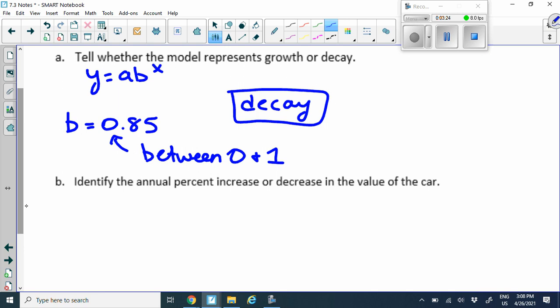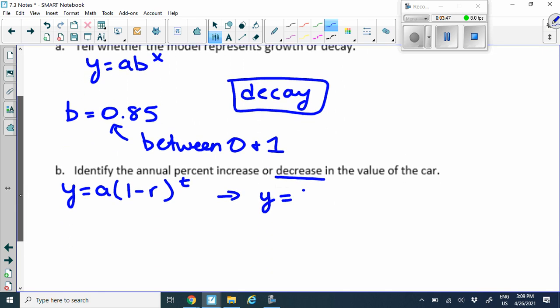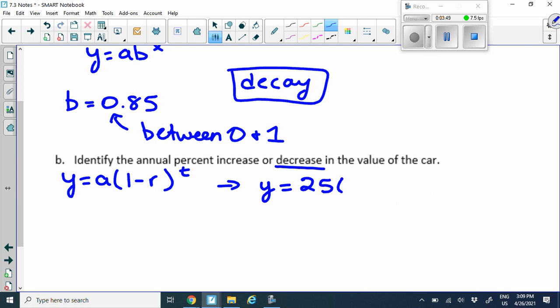Now, identify the annual percent increase or decrease in the value of the car. Well, because we're decaying, we are decreasing. So remember, the form for our decay model is y equals a times 1 minus r to the t. Now, they have given us y equals 25 times 0.85 to the x.